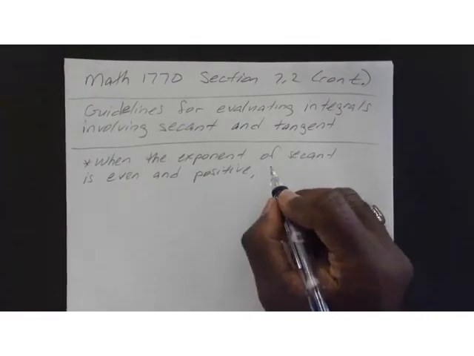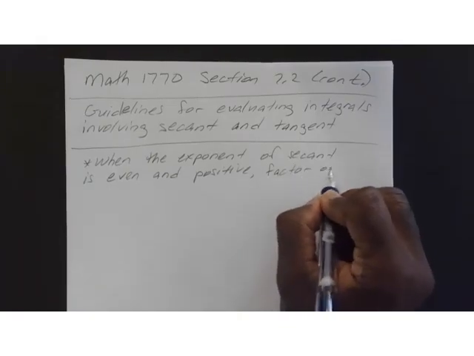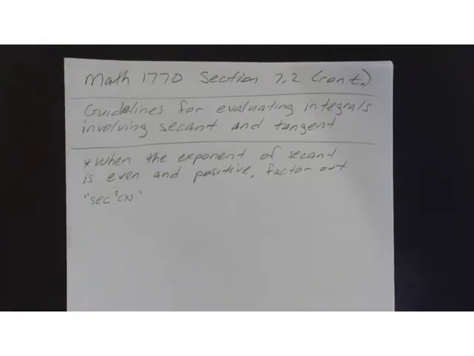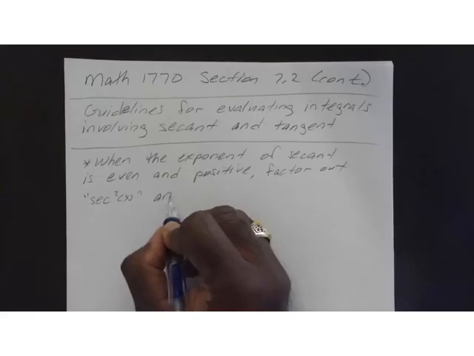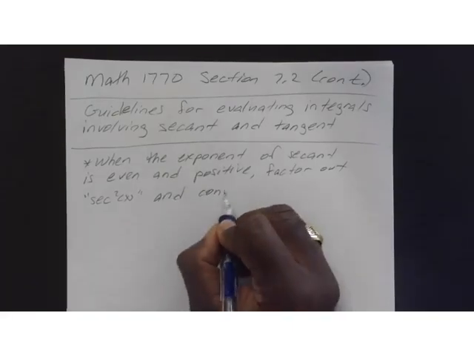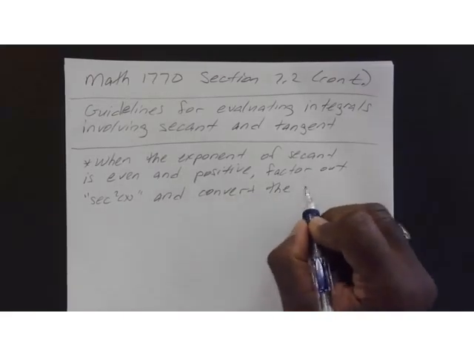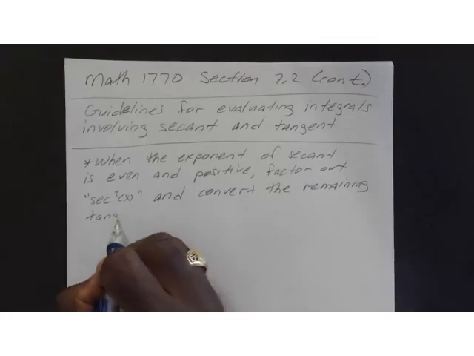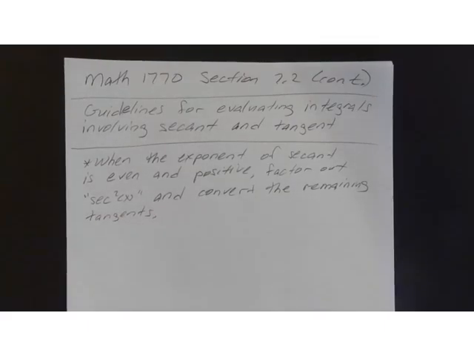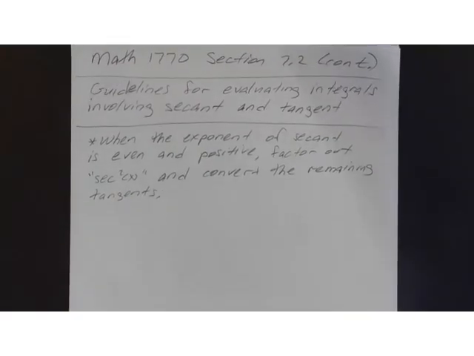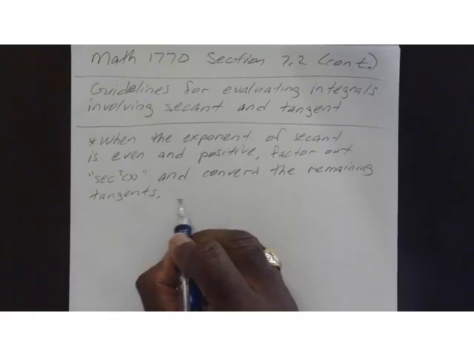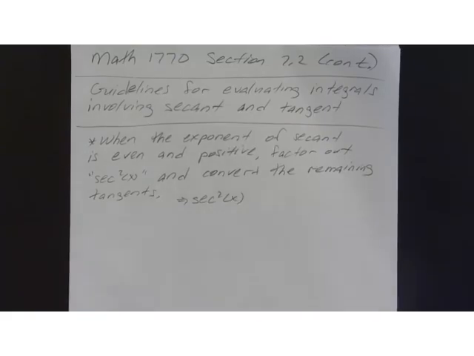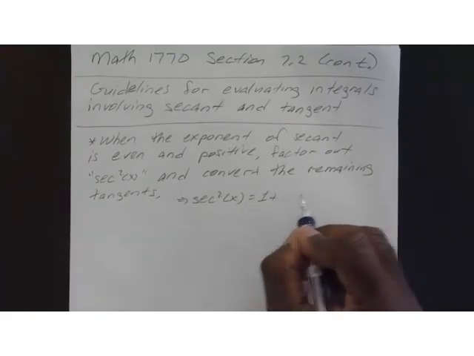But in this case, you're going to factor out the secant squared and convert the remaining tangents. So that means you're going to use your secant squared is equal to 1 plus tangent squared.